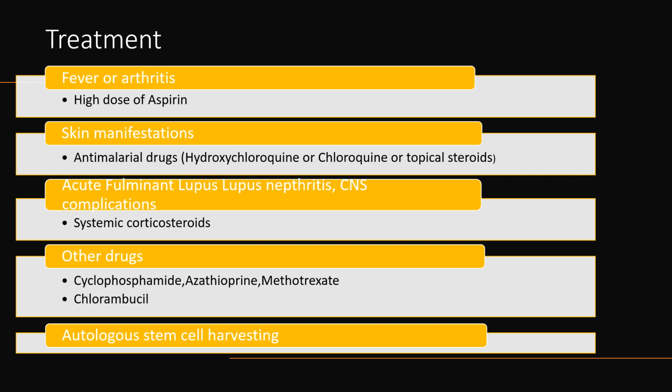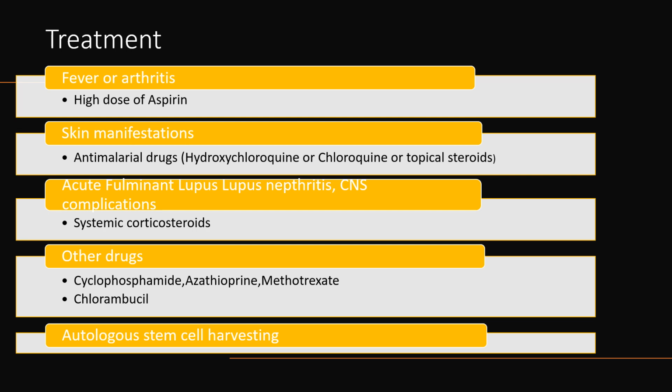With regard to the treatment of SLE, if fever or arthritis is the primary symptom, a high dose of aspirin is highly recommended, or other anti-inflammatory drugs, which could also bring relief. For skin manifestations, anti-malarial drugs such as hydroxychloroquine or chloroquine or topical steroids are advised.